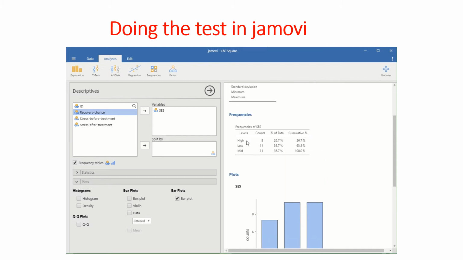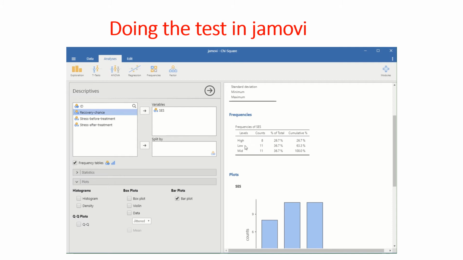So let's go to the table here. We'll see that out of 100%, almost 37% would go into low and mid socioeconomic status, while only about 27% would go into the high socioeconomic status. As you can see, the numbers here are not exactly the same.